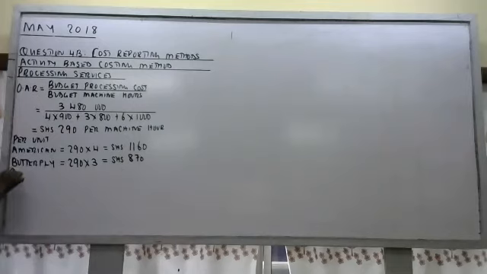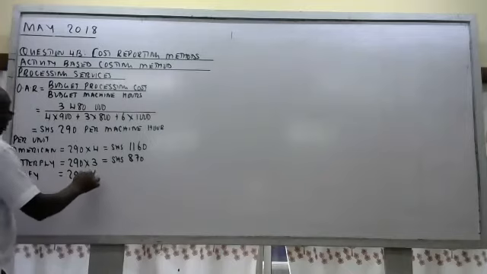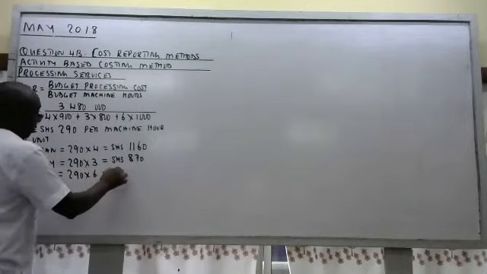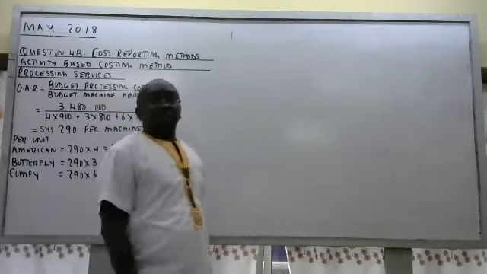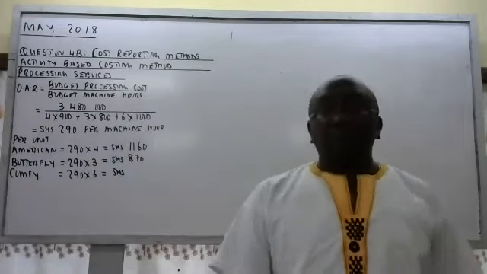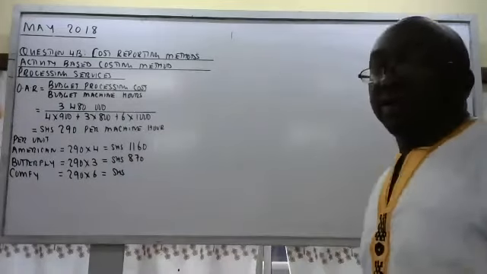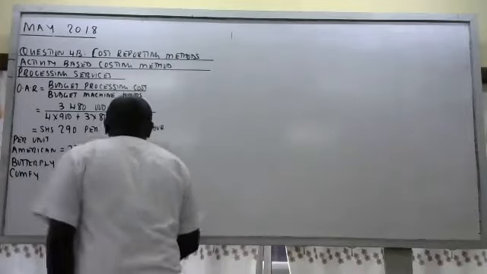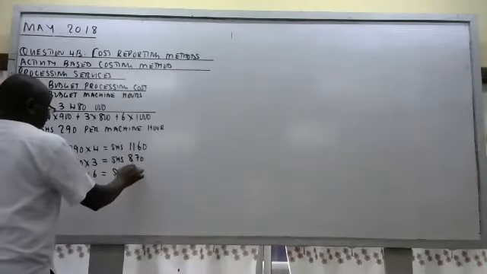Then Comfy, it will be 290 times 6. That will be 1740 from Ivarin. 1740.